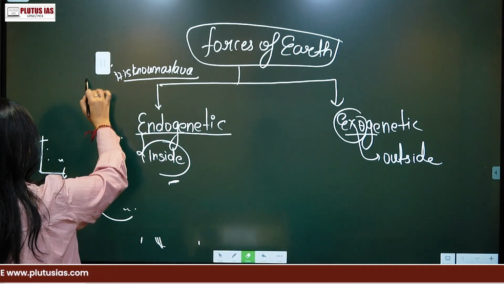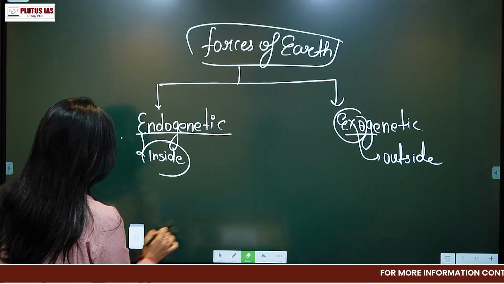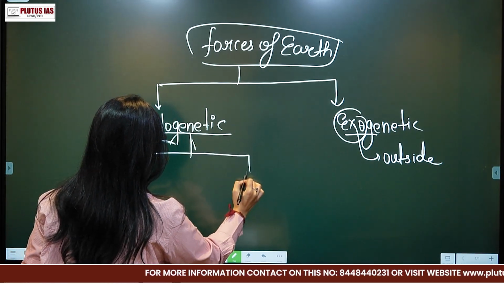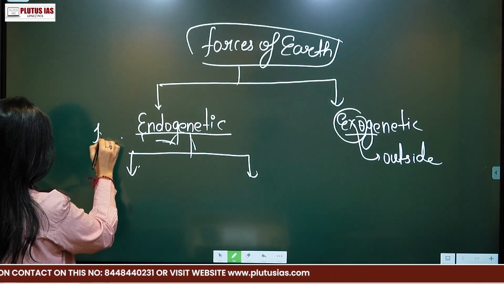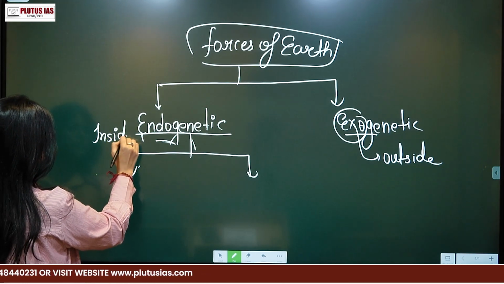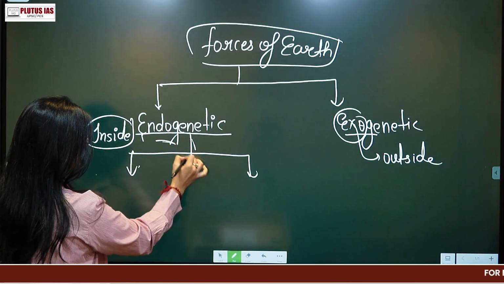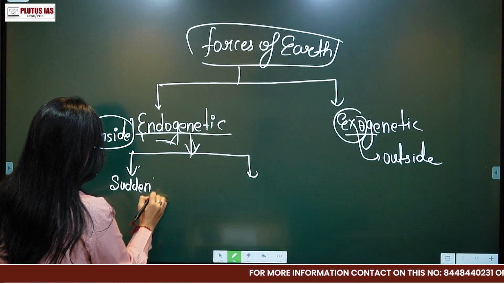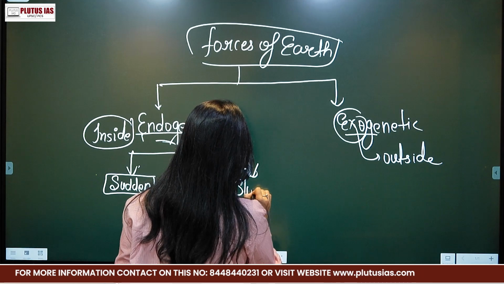See, endogenetic forces also depend upon two parts. One could be forces which are coming from inside, that's why it is endo, and also this eruption could be sudden or it could be slow.